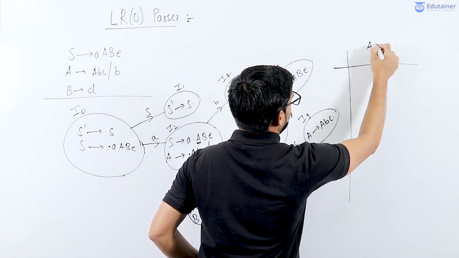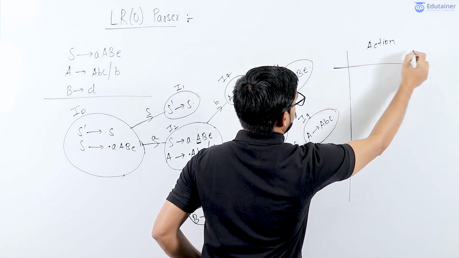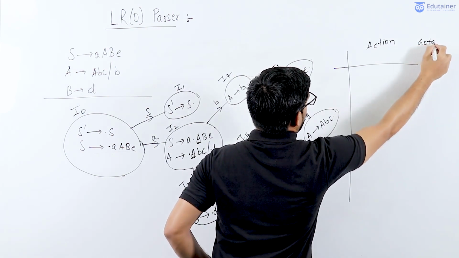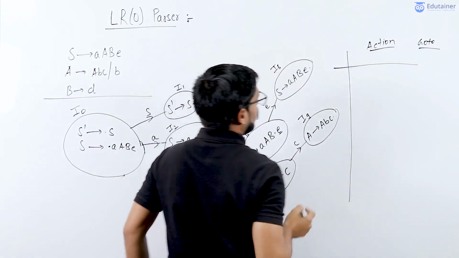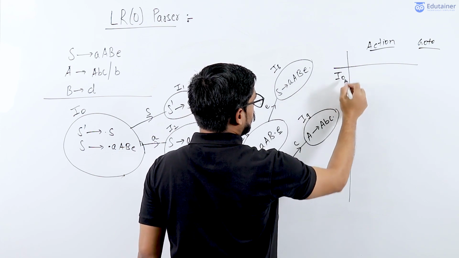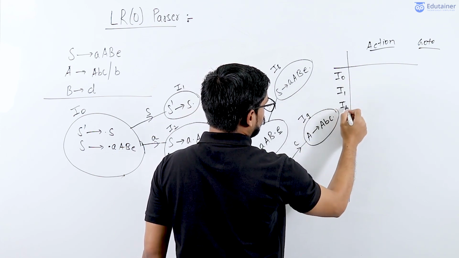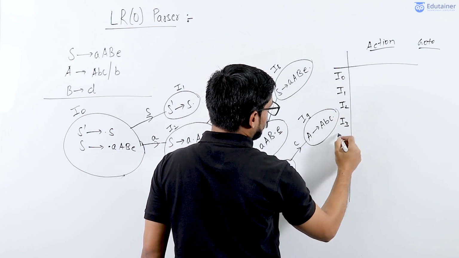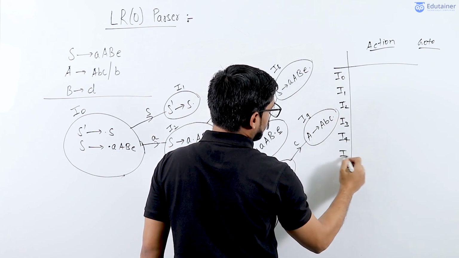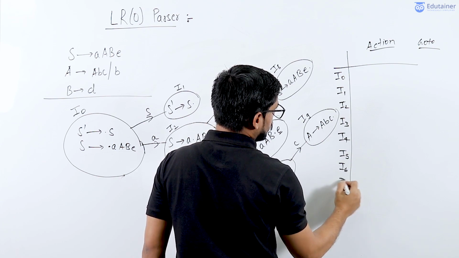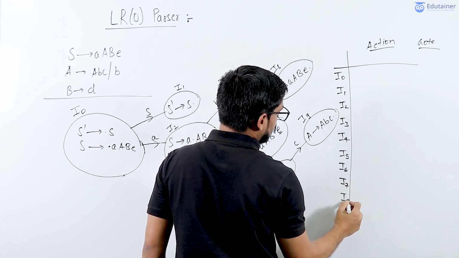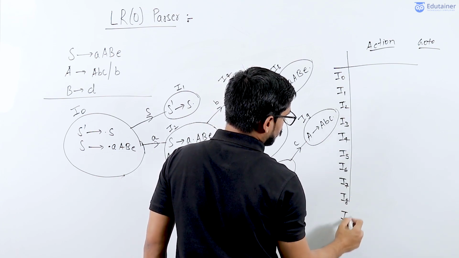So in the table there is an action part, and one more thing, the goto part. In total we have states I0 to I9.